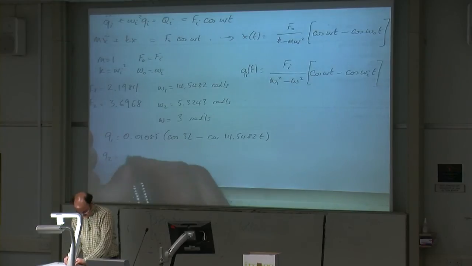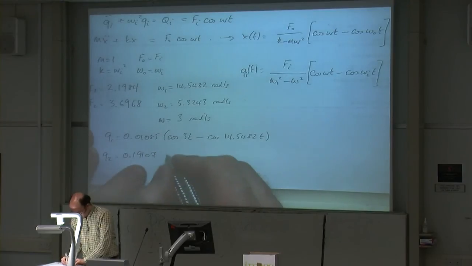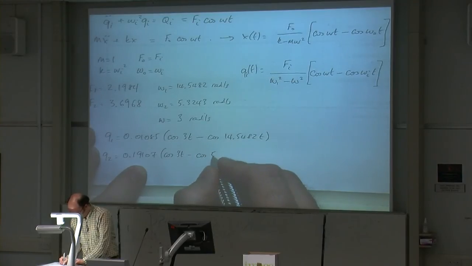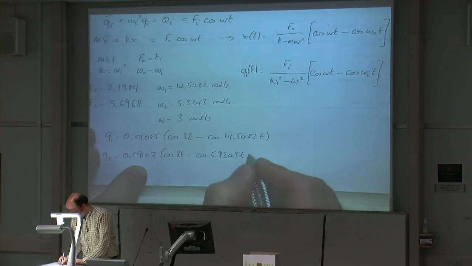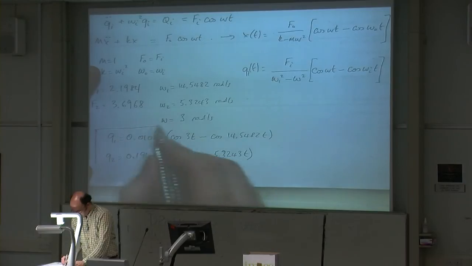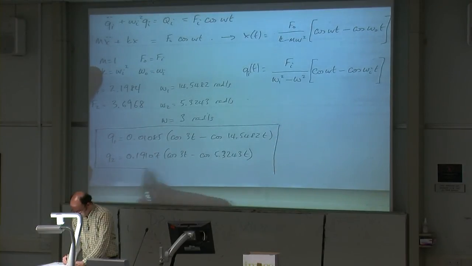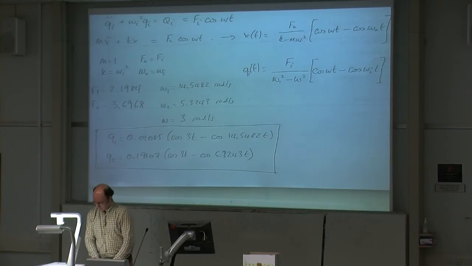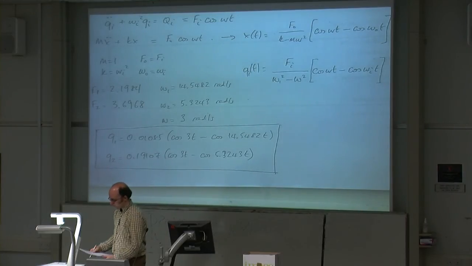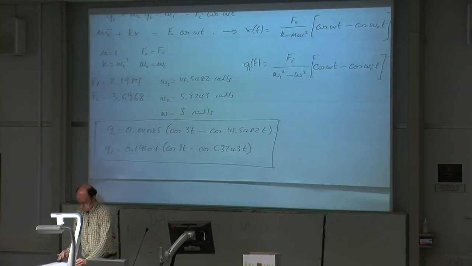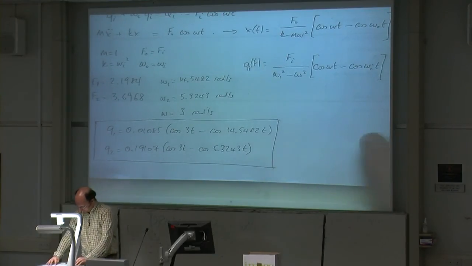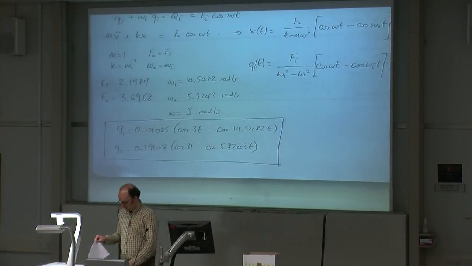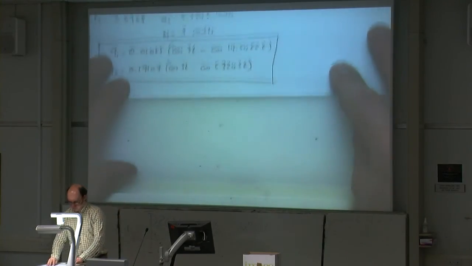And q2, again, if you do the sum, 0.19107 times cosine of 3t minus cosine of 5.3243t. So that's step 7.